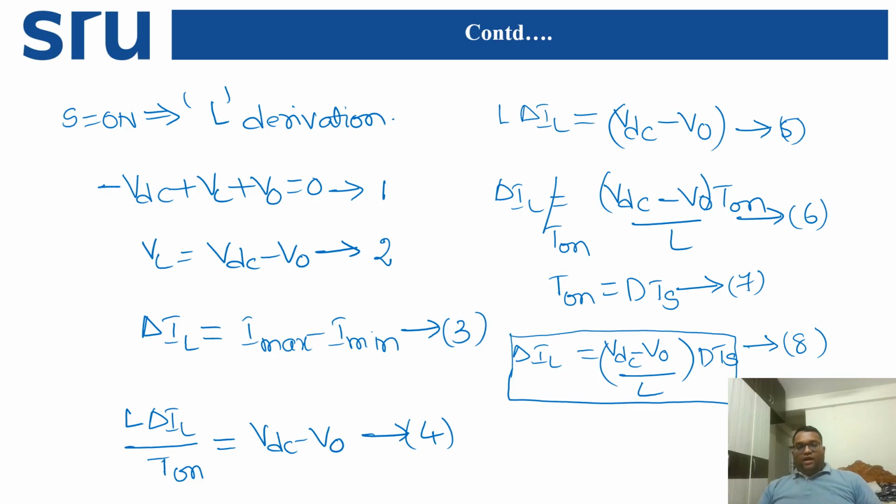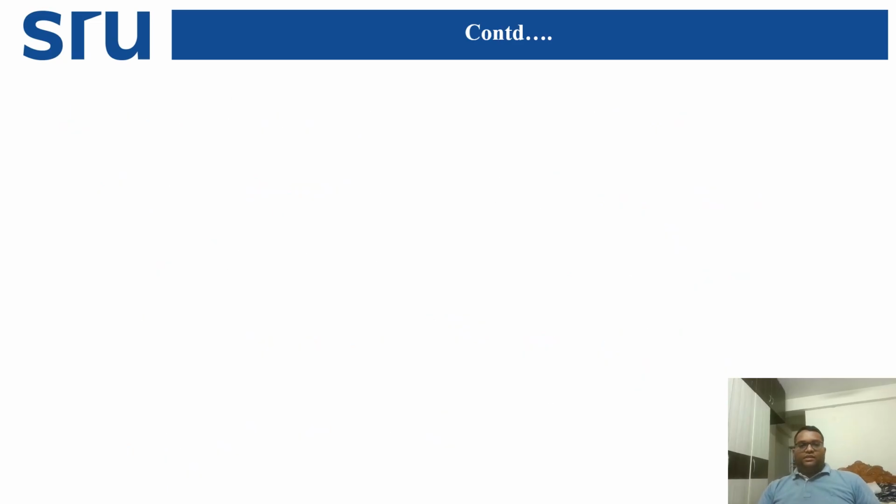Now we'll see how we derive the inductor ripple formula under the switch off condition.